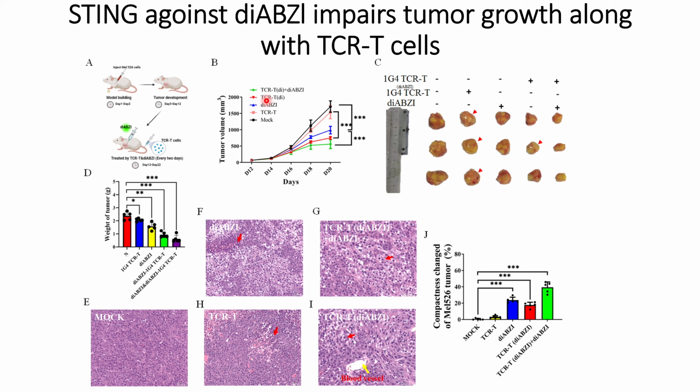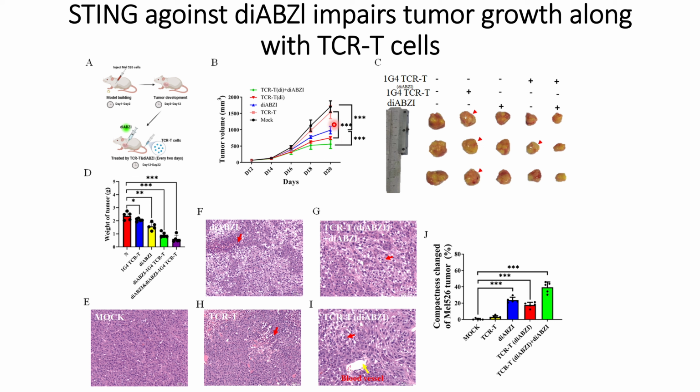Where only the T cell receptors treated with DiaBZl are introduced, they see a reduction in the tumor volume, but it is higher than the combined case. And when they use only the DiaBZl, the effect further goes down.